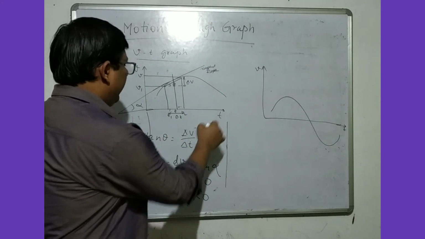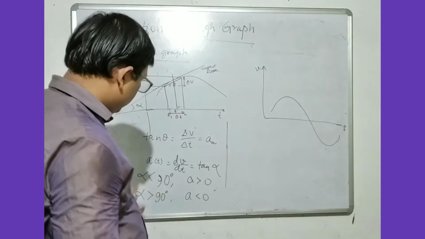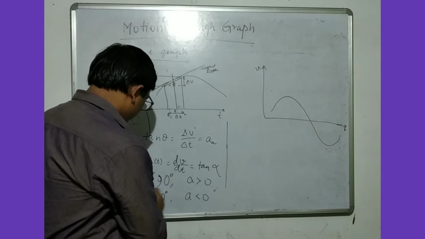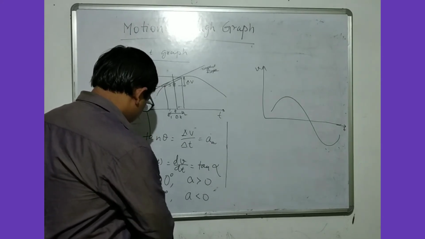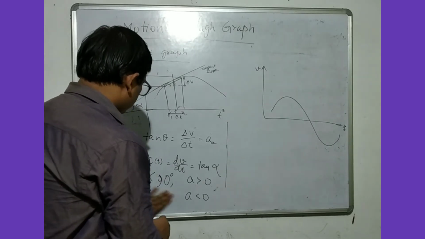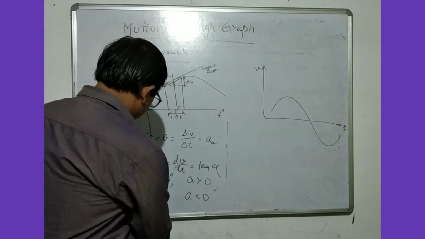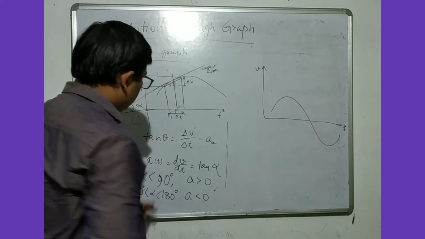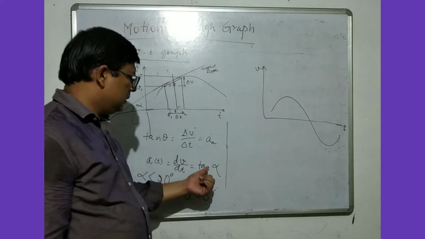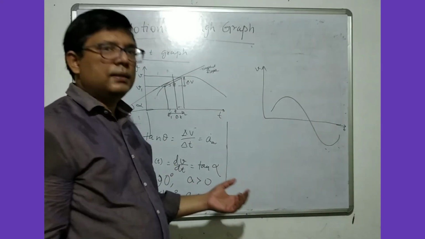Similarly, at different times you can calculate, and this will be something like 90 degrees greater than alpha, less than 180 degrees. So you just have to see in which quadrant tan alpha is positive, then the acceleration will be positive.